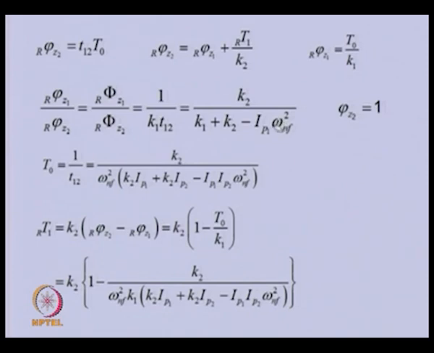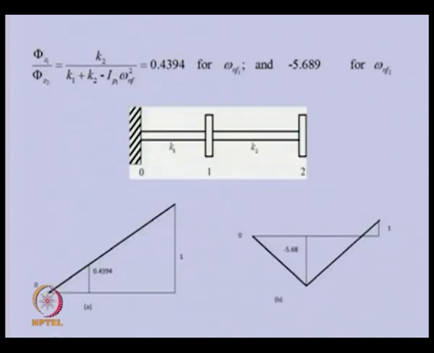If we substitute the values of the natural frequency, we can get the relative displacement between station 1 and 2. Station 0 is anyway fixed. Let us see what values it takes for the two natural frequencies. For the first natural frequency this is the value, and for the second it is negative.